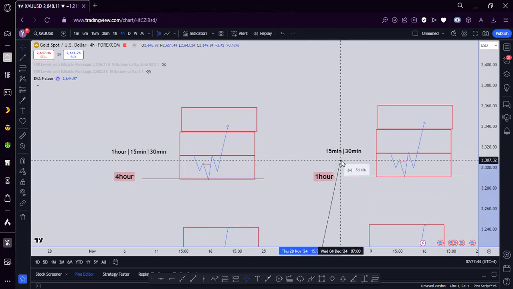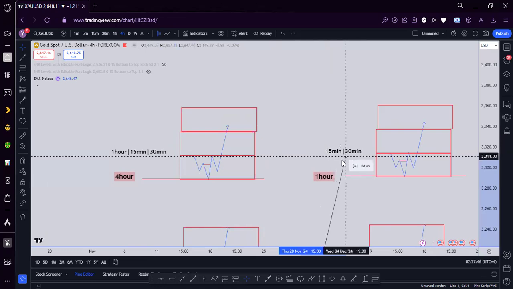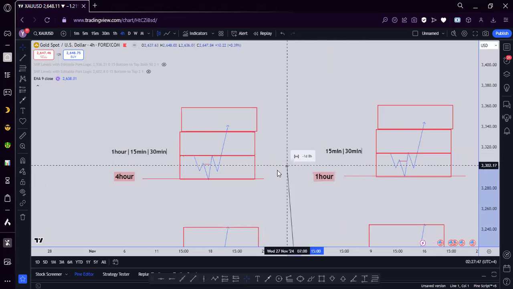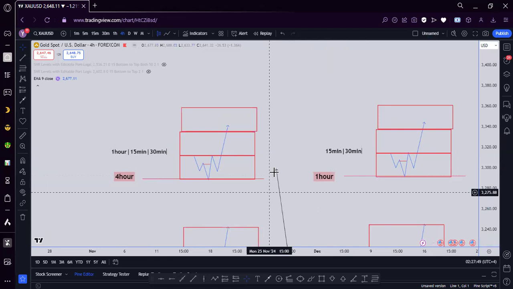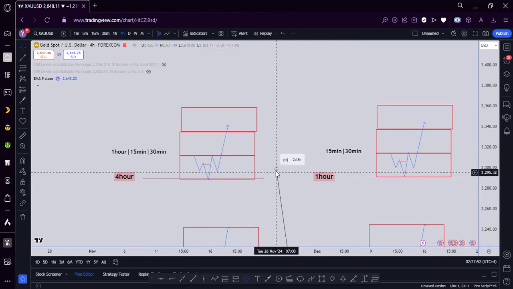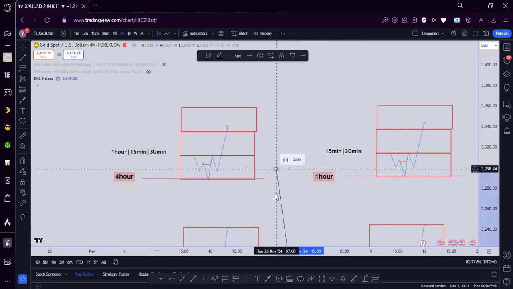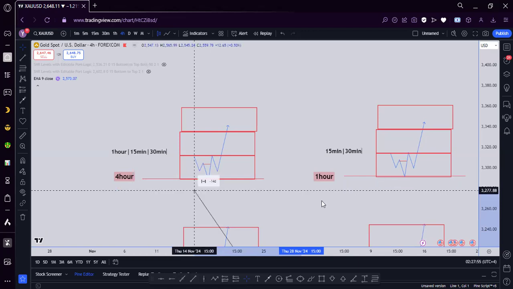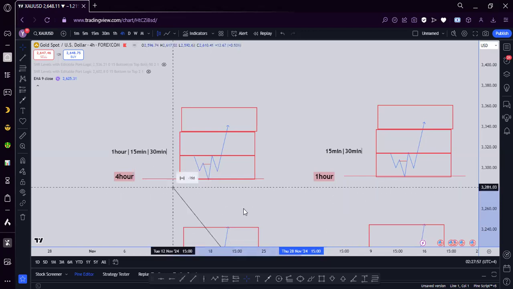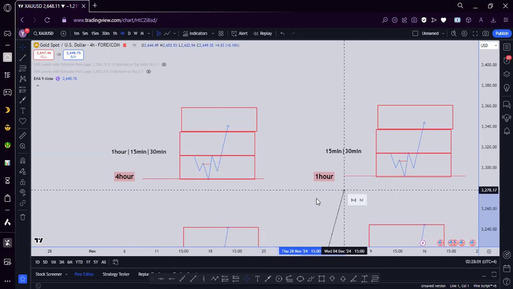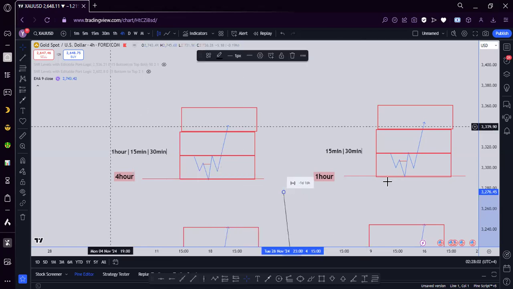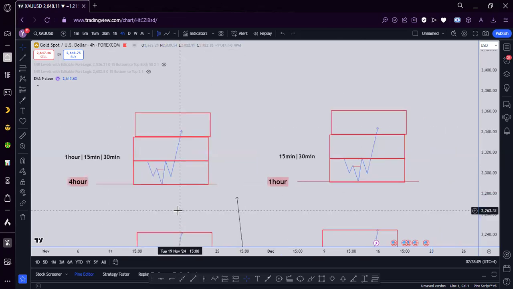Why? Because the 15-minute breakouts give you high rate trades, and you can take scalping trades based on it. It also gives you clear breakouts. We will see some examples later.